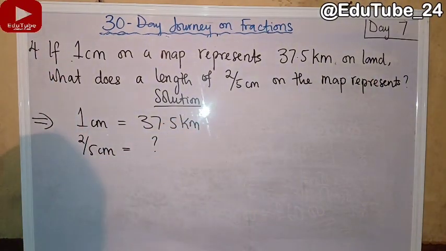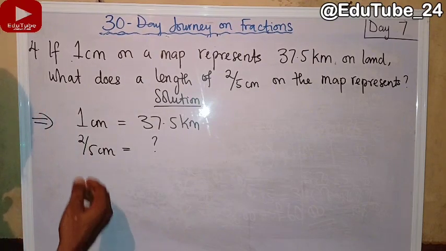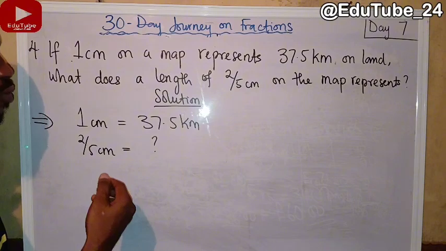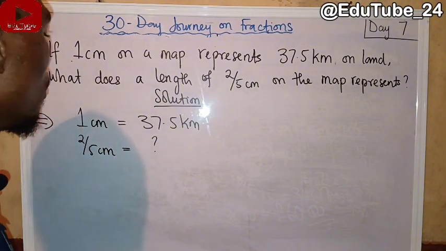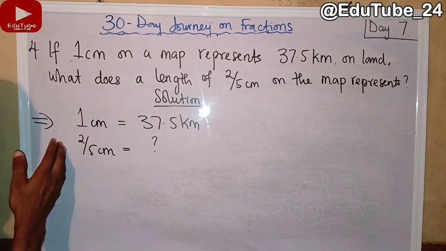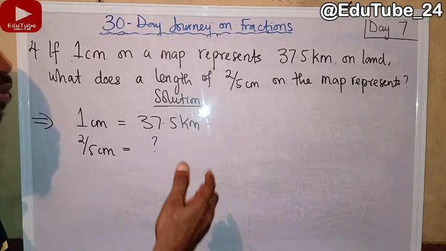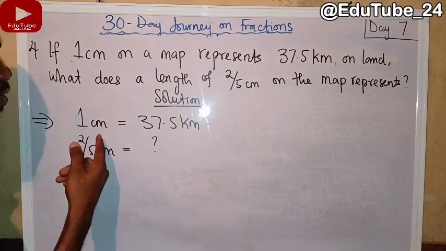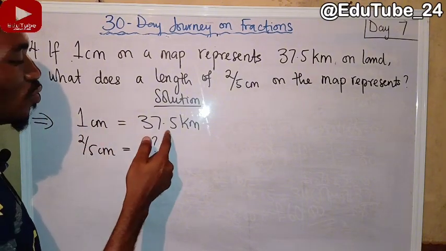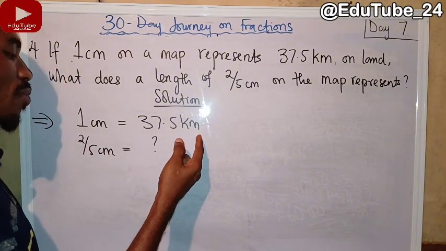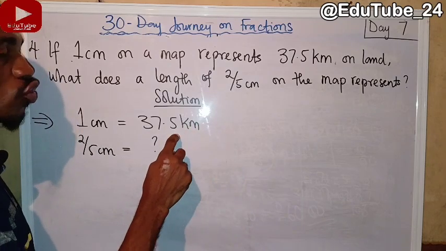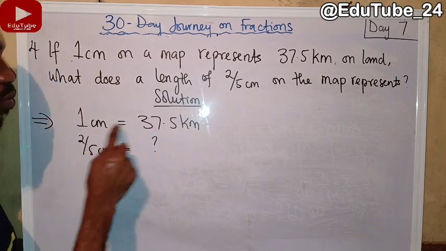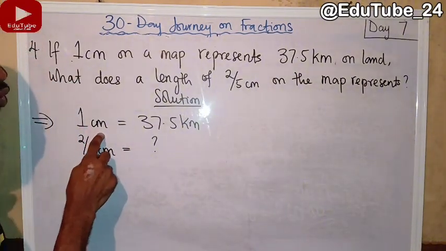So now we've learned in some previous lessons that if something is in a multiplying aspect, or if something is having a multiplier effect, that means as one part of an equation is increasing, the other part is increasing by a multiplier effect. That means that if 1 centimeter is 37.5 kilometers, then 2 centimeters will be 2 times this, and 3 centimeters will be 3 times this, and then 4 centimeters will be 4 times this.